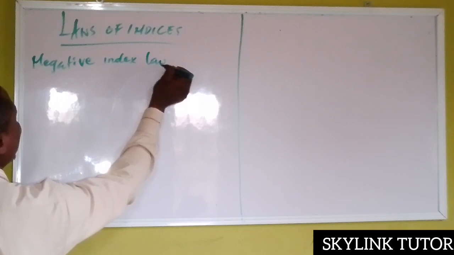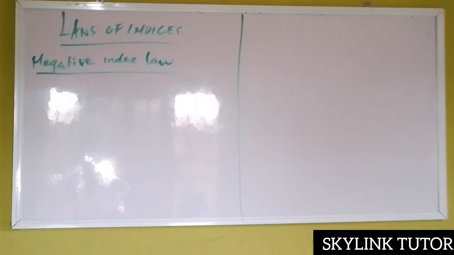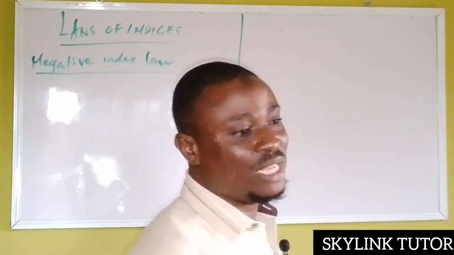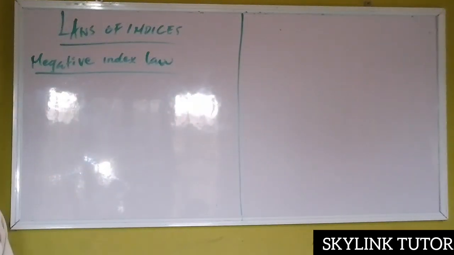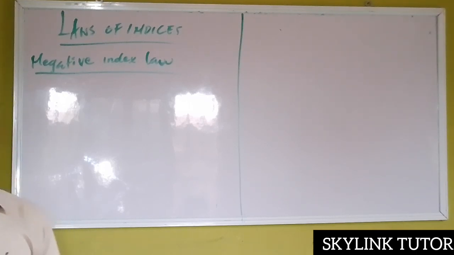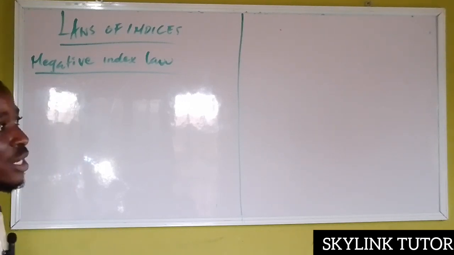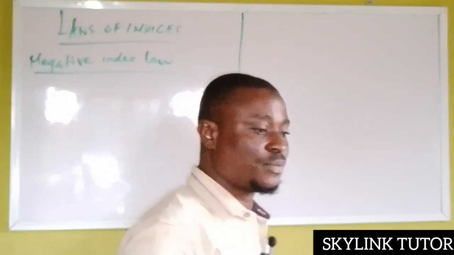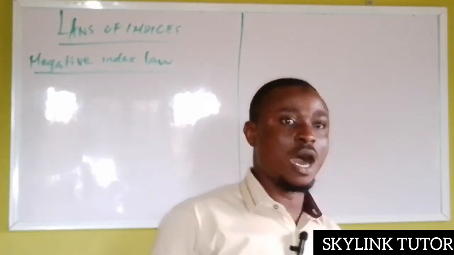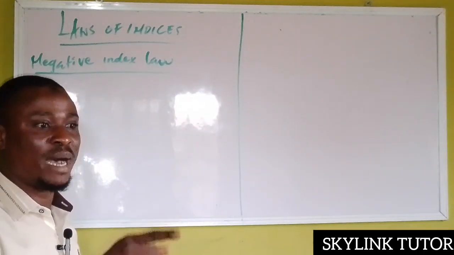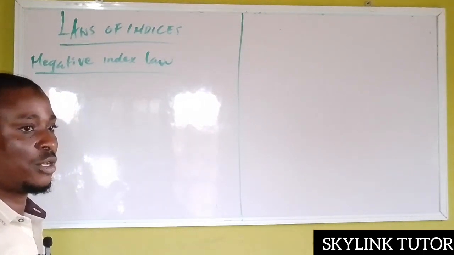Negative index law. This law says that when an alphabet or a number is raised to a negative index, the result is going to be 1 all over the number raised to the power that you have.